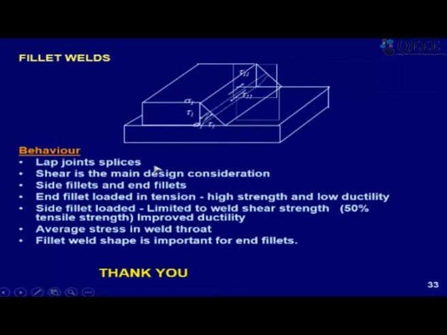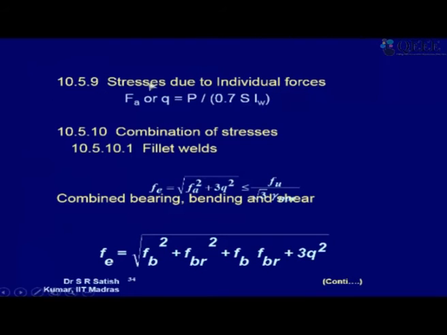These are used in the drawings. So basically, let's see. Yeah. So for fillet weld, my shear stress, that is stress due to individual forces, is P divided by 0.7 S, where 0.7 S is the size of the weld per millimeter length, into LW, length of the weld.